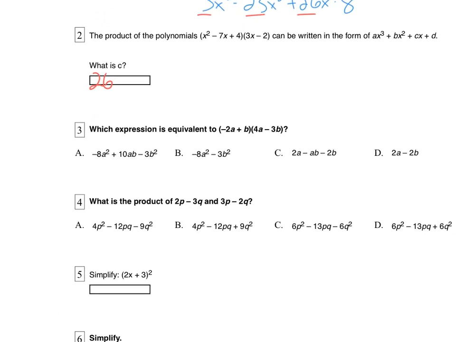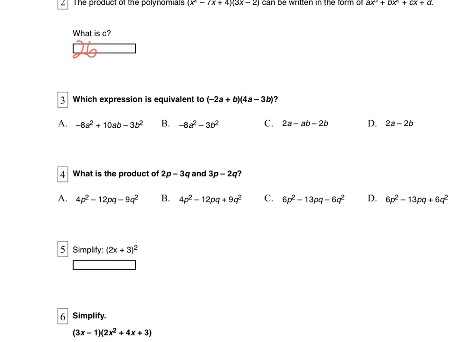Alright, number 3. We are multiplying, so we're going to distribute. Negative 2a times 4a is a negative 8a squared. Negative 2a times negative 3b is a positive 6ab. Notice when the variables are different, I still write them, but it doesn't become a squared, b squared, or ab squared. It's just a and b.